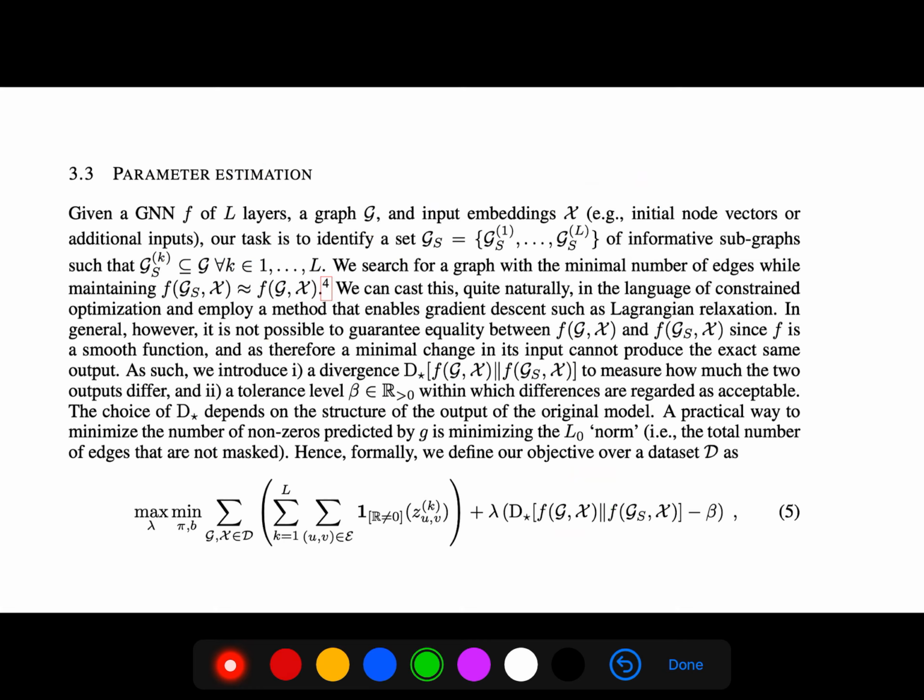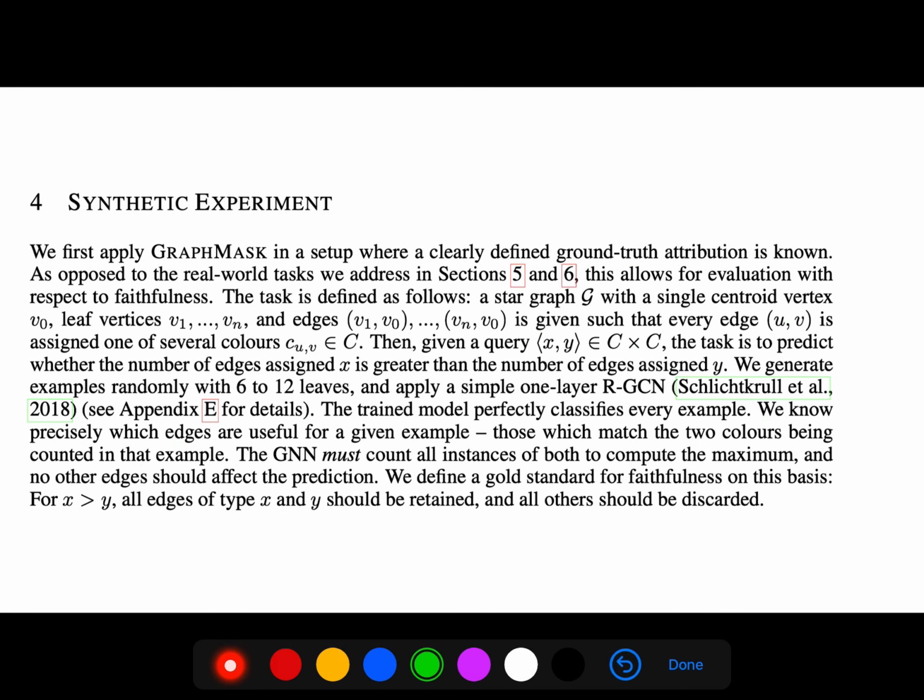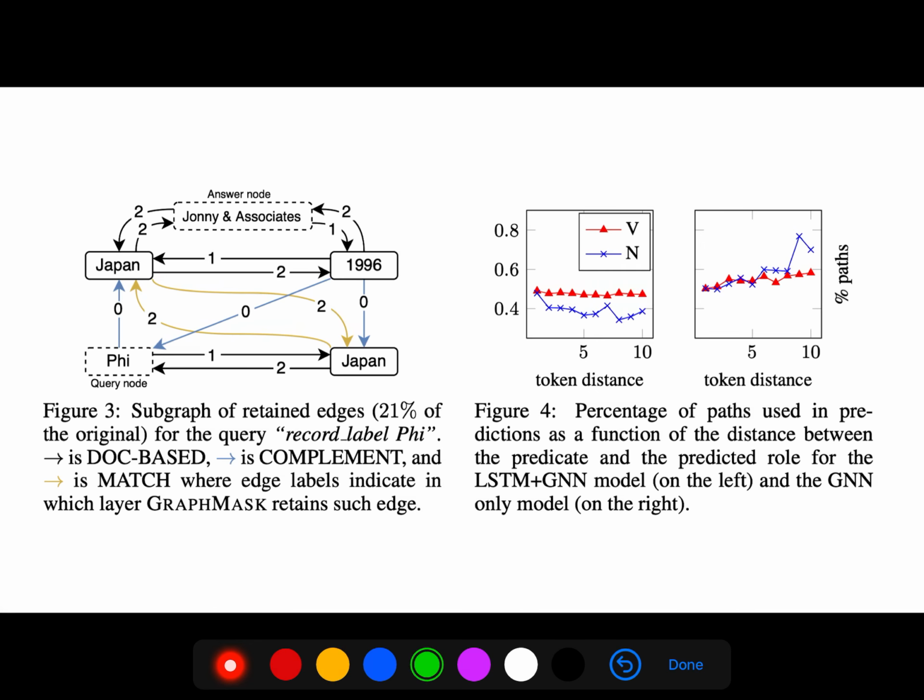And for parameter estimation, we want to minimize, of course, the number of non-zeros predicted by G. So it's minimized by the L0 norm, which is the total number of edges that are not masked. You see, like in the previous video, we still use this divergence measure to see how much the two outputs differ. So you see the same idea in different papers.